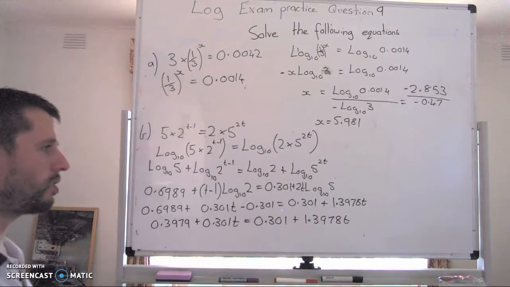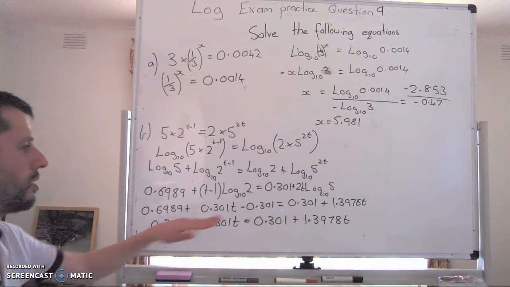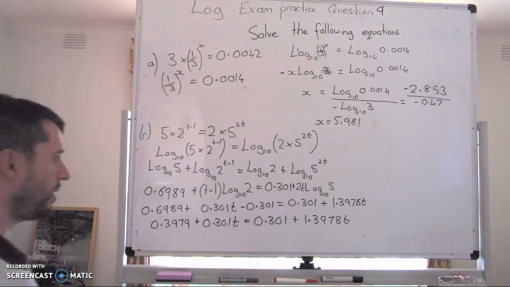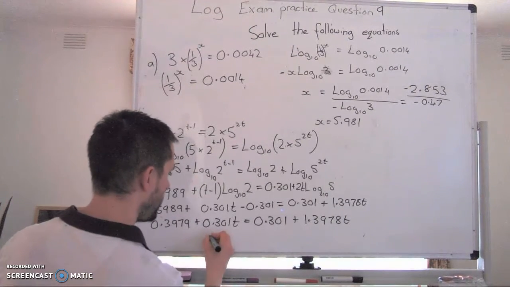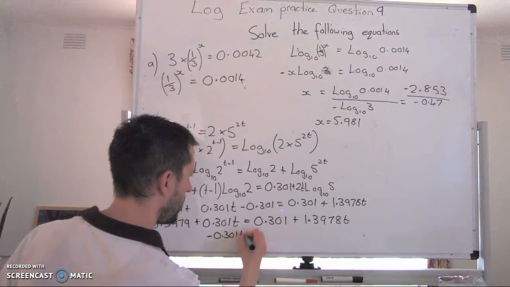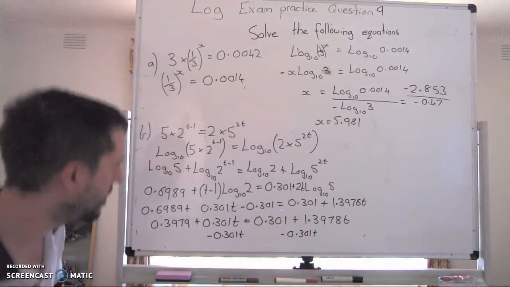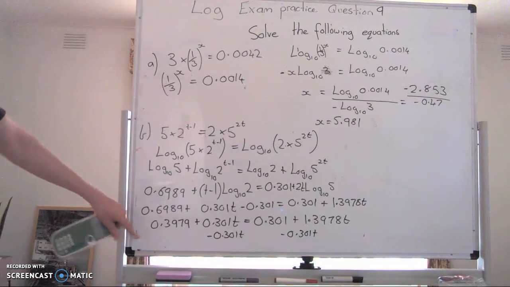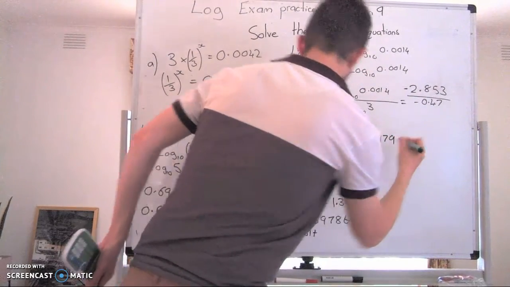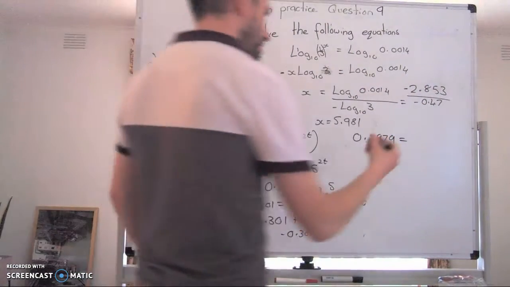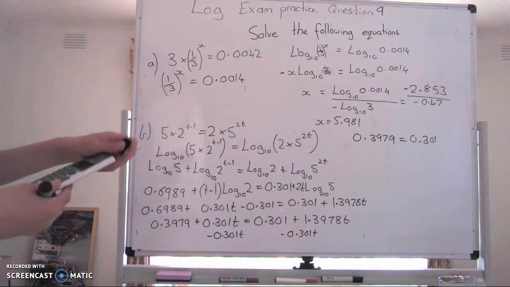Now the best thing that we can always do is work on getting our t's onto one side and working out getting our constants onto the other. So I'm just going to take away my 0.301t. If I take away this on both sides, that just means one less thing I need to do later. So on my left hand side I've only got 0.3979 now.